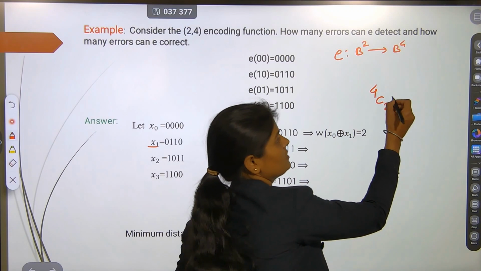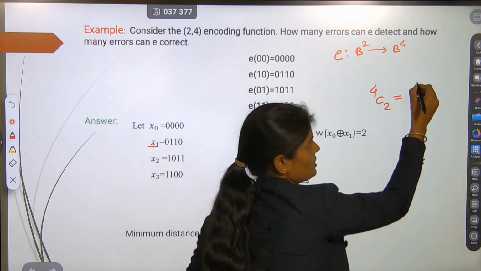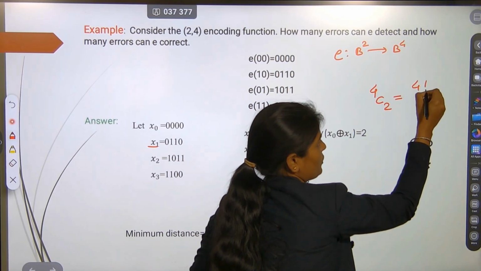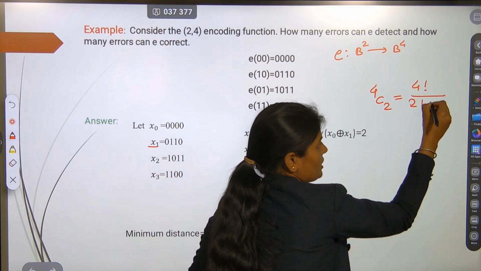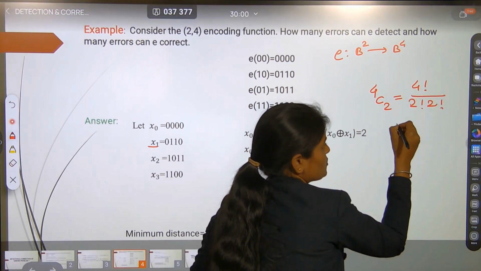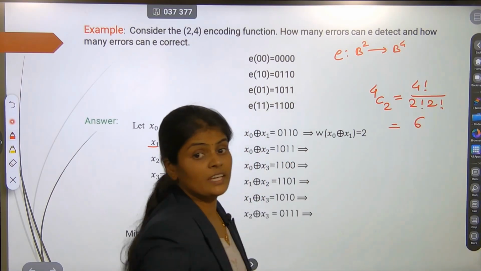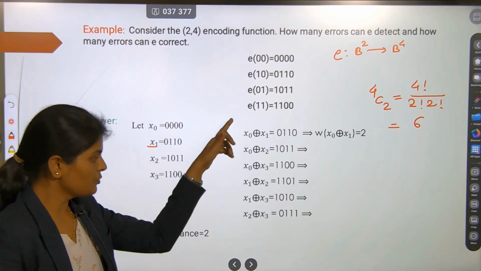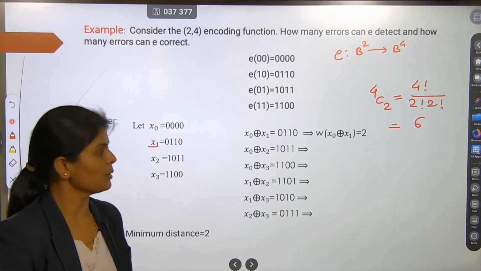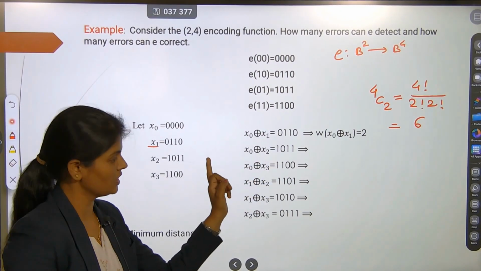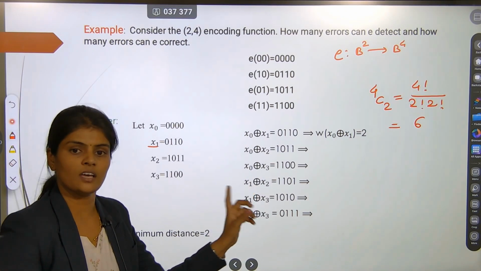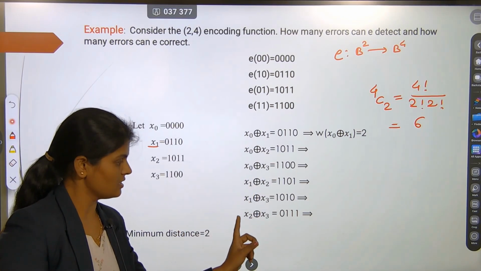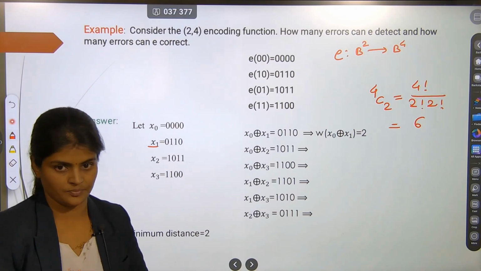So there are 4C2 choices, which is 4 factorial divided by (4 minus 2) factorial and 2 factorial, and this gives us 6. So we can make 6 distinct pairs, and those pairs are x0 x1, x0 x2, x0 x3, x1 x2, x1 x3, and the last one is x2 x3.